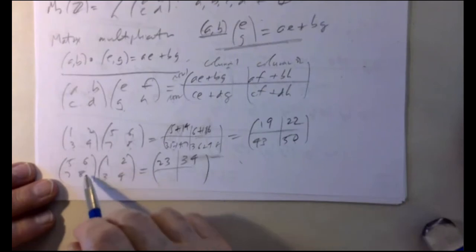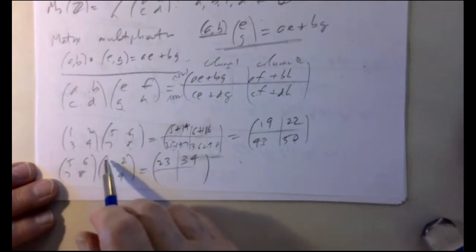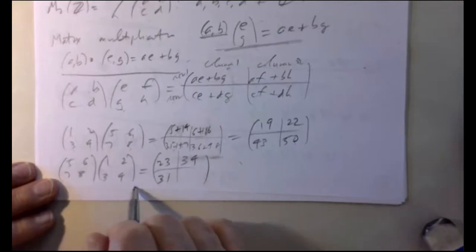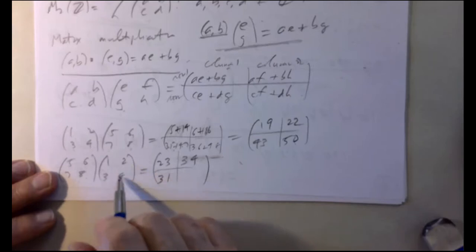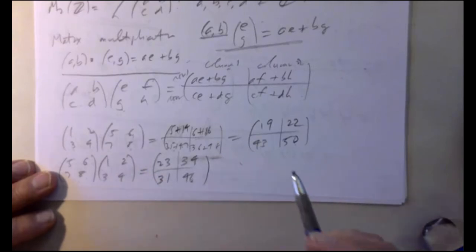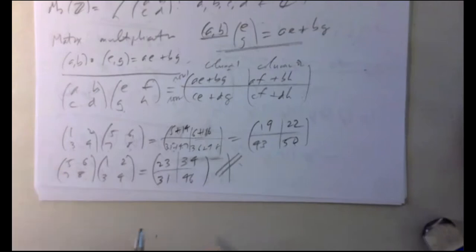Second row, first column is 7 plus 24 is 31. And second row, second column is 14 plus 32 is 46. And you see, these are completely different. Which tells us right away that matrix multiplication is not commutative.